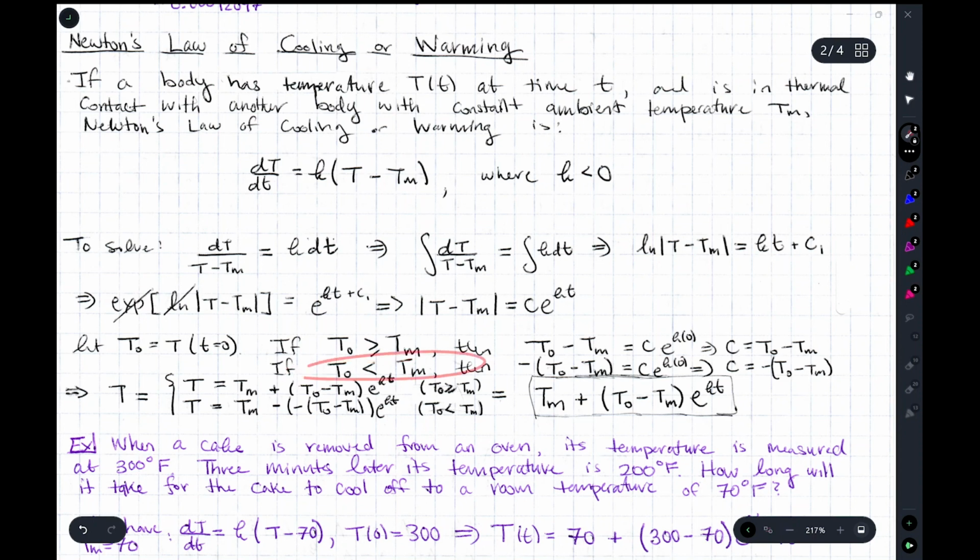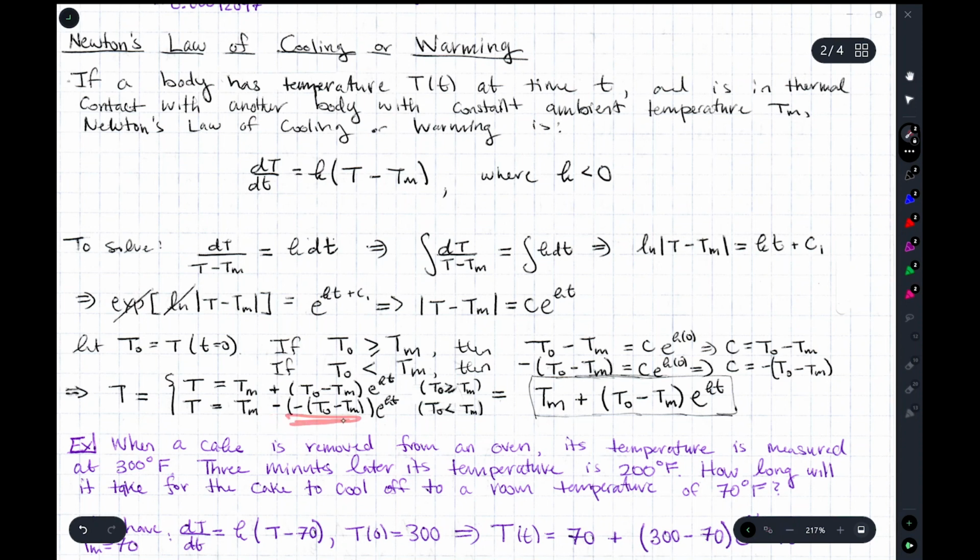On the other hand, if T naught is strictly less than Tm, so that this is negative, then the absolute value would multiply the negative term by -1 to make it positive. So that's its operation. It takes negative numbers and multiplies them by -1 to get positive. It takes positive numbers and does nothing to them. And C would be this right here. And so we could write that out, but notice you'll get a double negative.